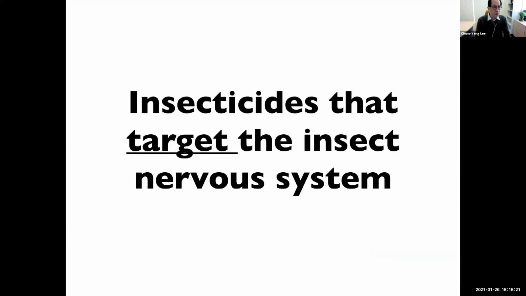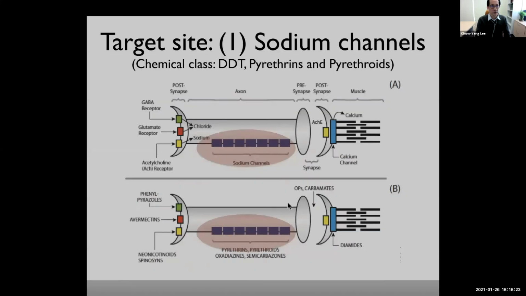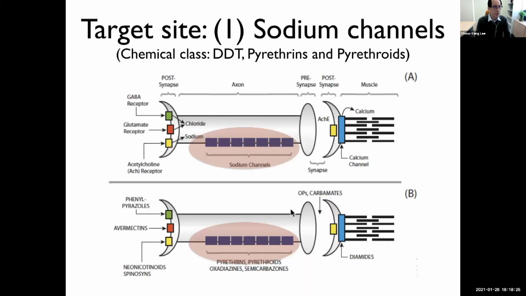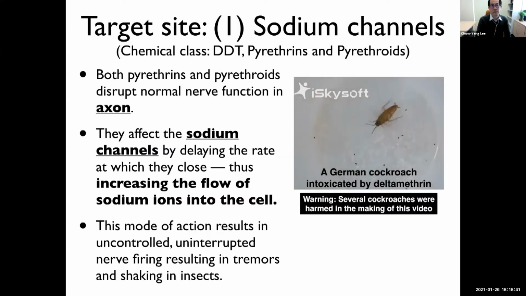So let us take a look at the first one. The first target is the sodium channel, as has been mentioned by Ali and also Audrey. So you have chemical classes such as DDT, pyrethroids, pyrethrins. These are mainly the ones that attack the sodium channel. Both pyrethrins and pyrethroids disrupt the normal nerve function in the axon.